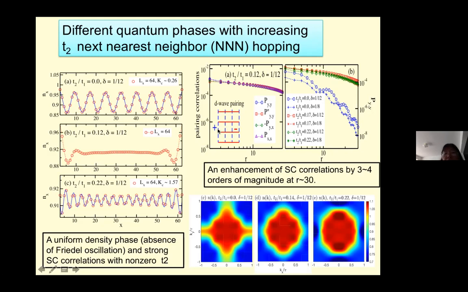We also look at the diagonal correlation, which decays much faster than the X and Y bonds. So here is T2 over T1 equals 0.12 at 1/12 doping.